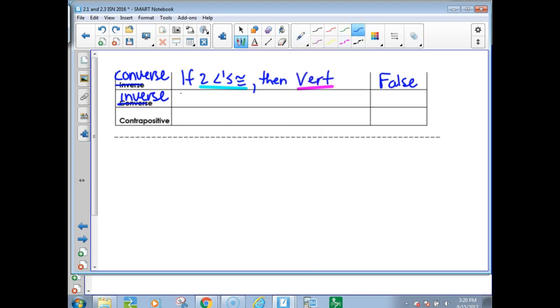Okay, the inverse is if two angles are not vertical, then not congruent. Well, that's silly. They don't have to be vertical angles to be congruent. So if they're not vertical, then they're not congruent is false as well. Okay, notice that this matches the previous statement's truth value. These are the same truth value.